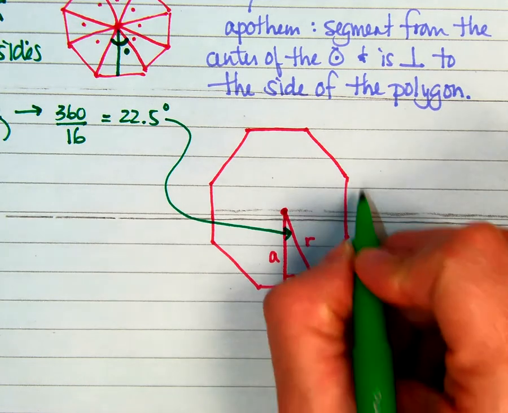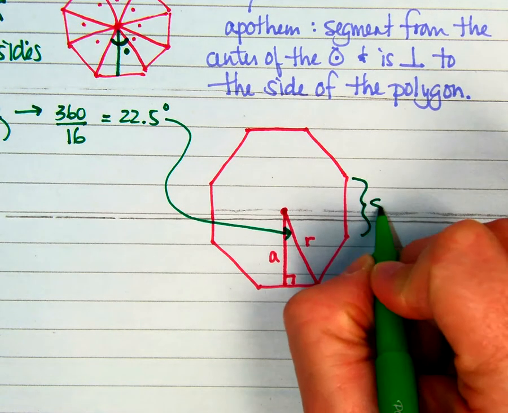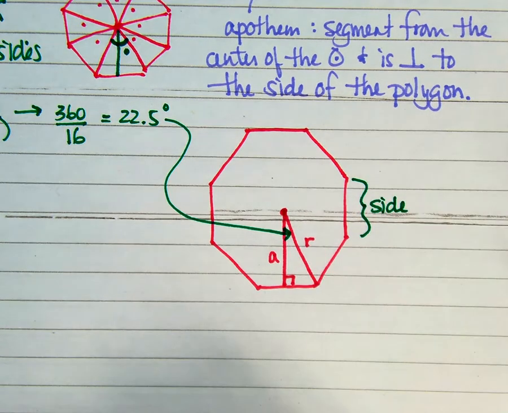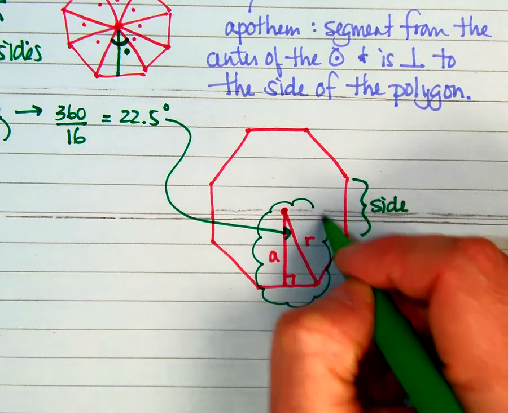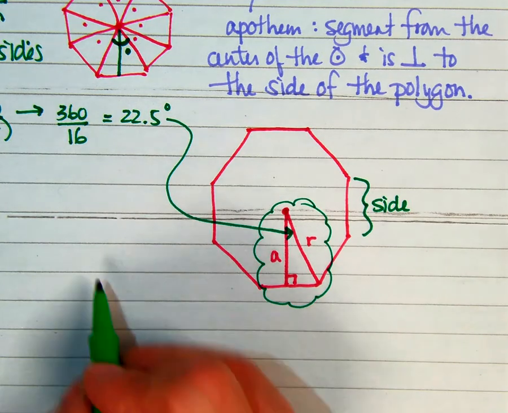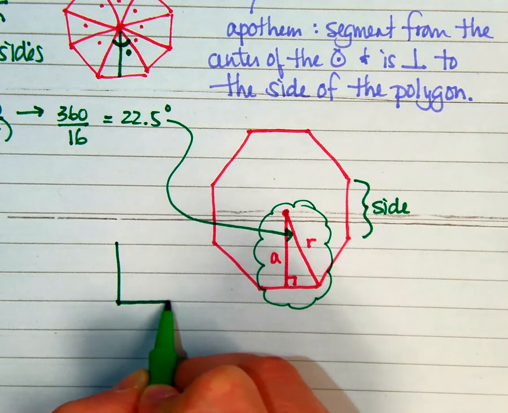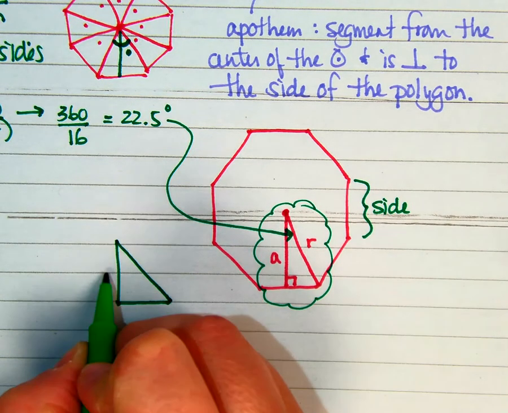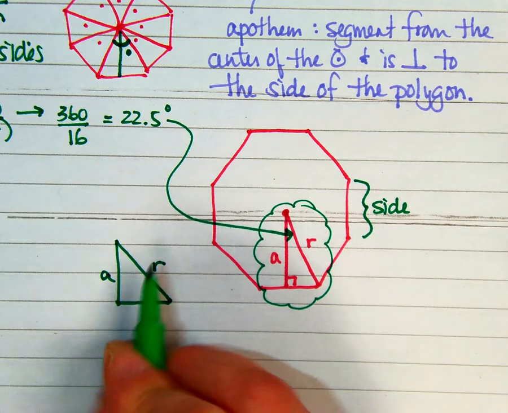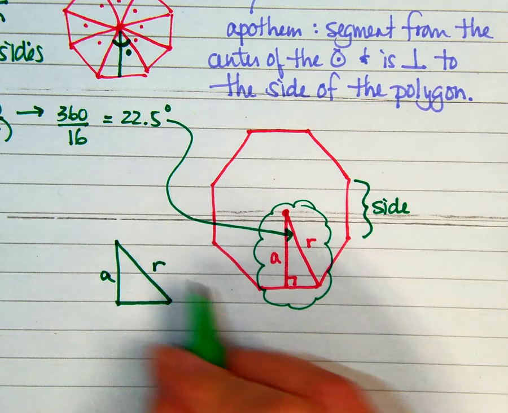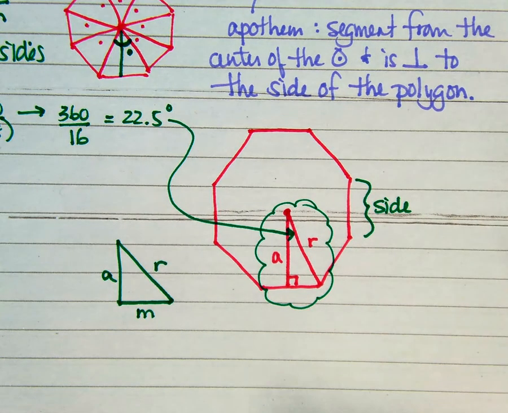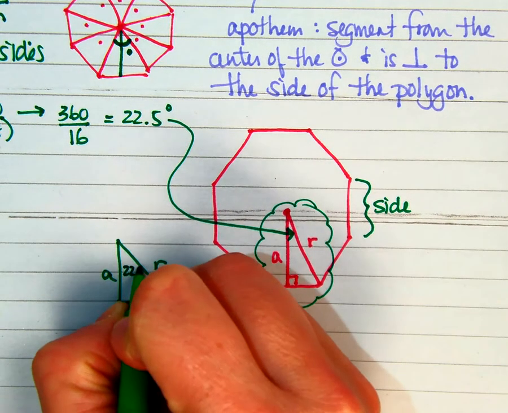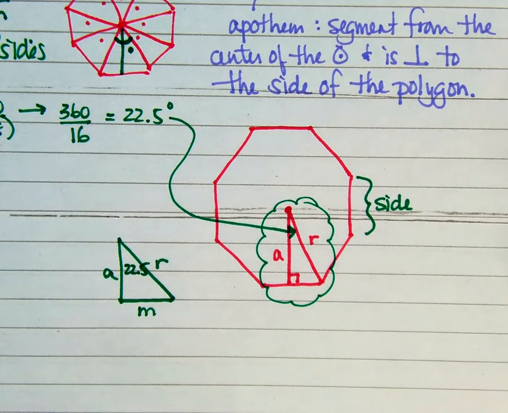And then of course, we have a side of the polygon. So we are going to blow up or focus on that triangle that we just created right there. We're going to be focusing on the apothem, the radius. This is half a side. I'm going to call it M just so we're not confusing it with S, which is a whole side. And this is 22.5 degrees. So yes, we are going to have to be using trig.